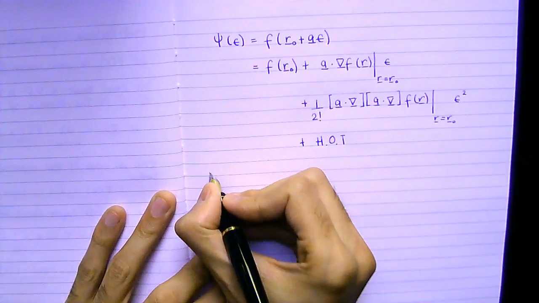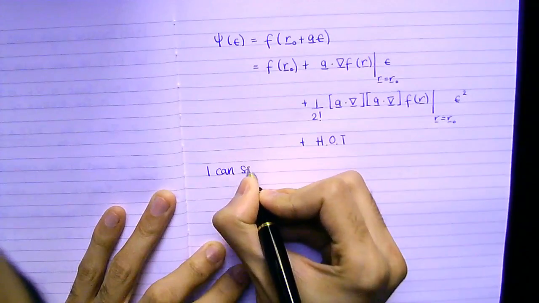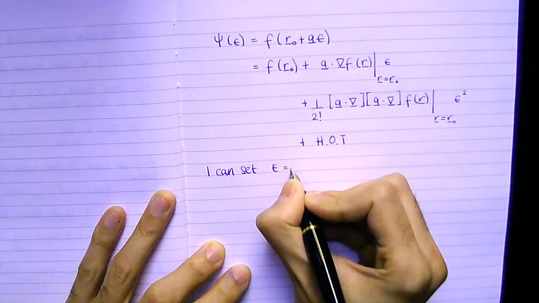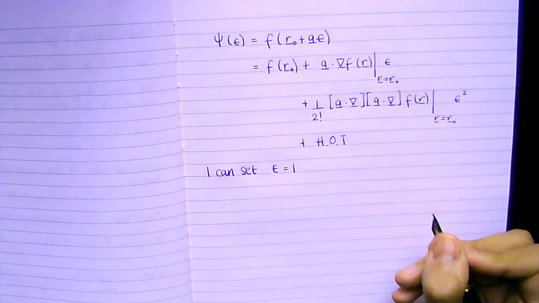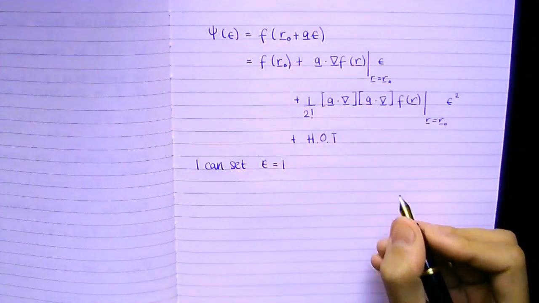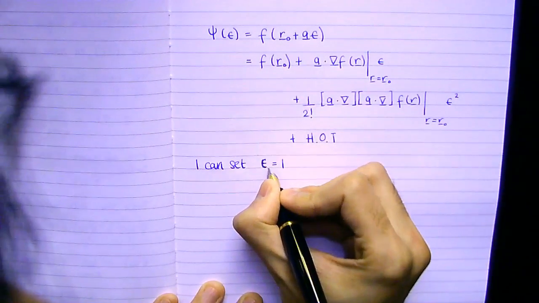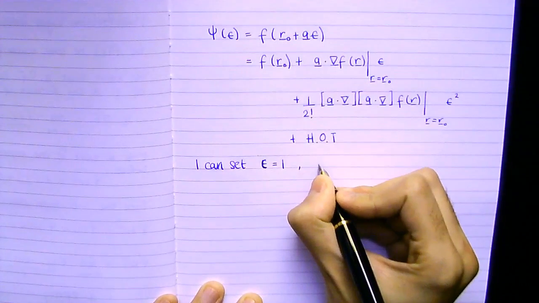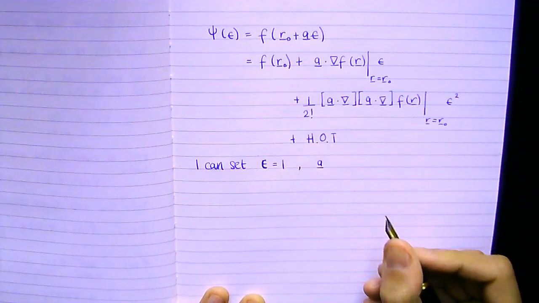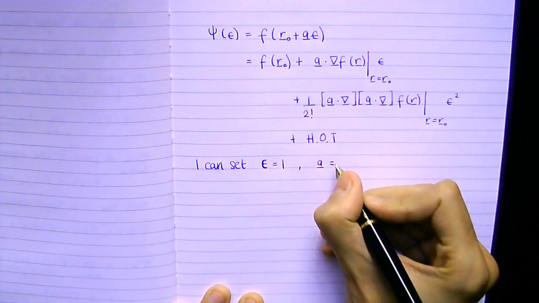what I can do is set epsilon to equal 1. I can set epsilon to be whatever I like. I'm just going to happen to set it to equal 1. And I'm also going to set my general directional vector A. Again, I'm free to set this to be whatever I like.